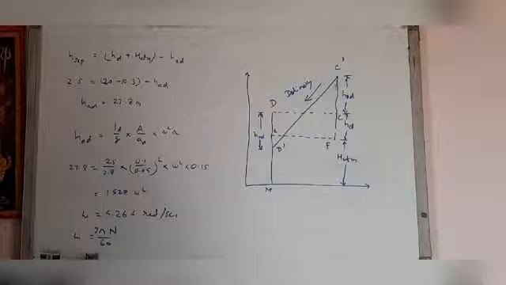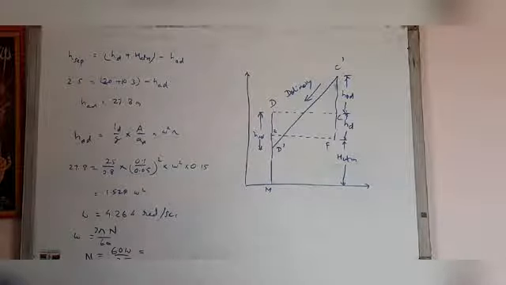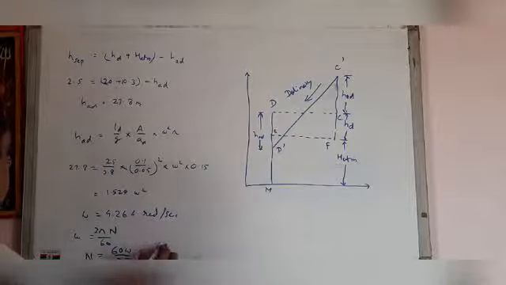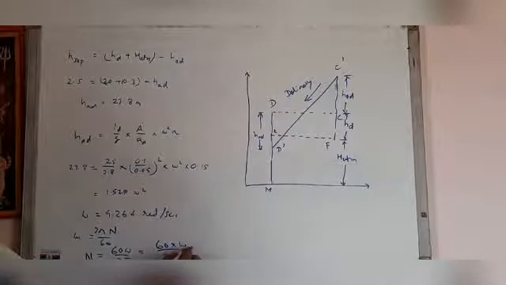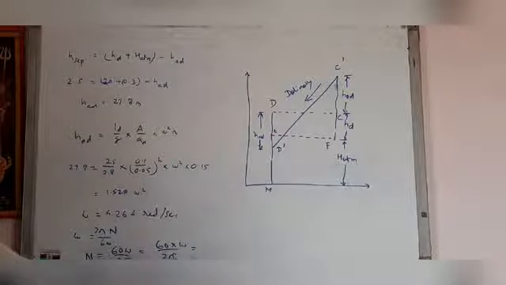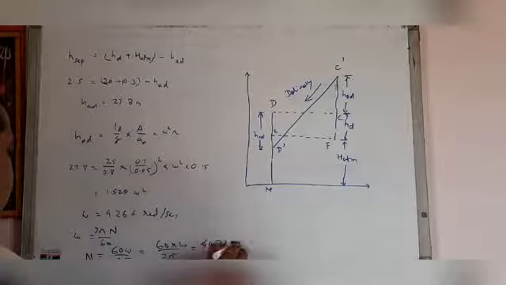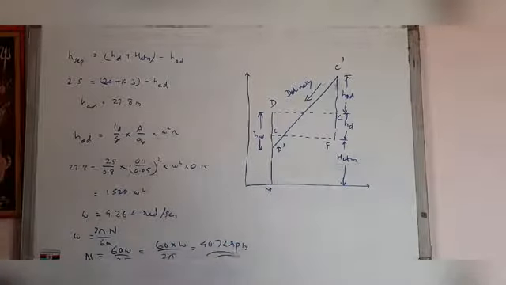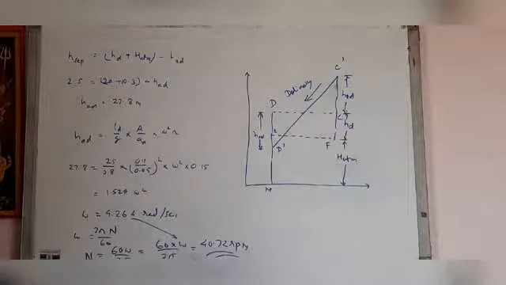So N equals 60 omega by 2 pi, which equals 40.72 RPM. So 40.72 RPM is the value of N.